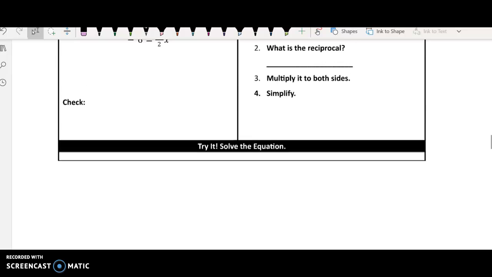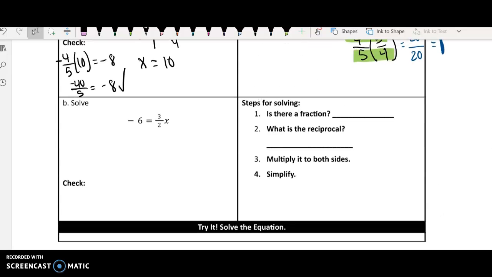All right, I'm actually just going to have you do this one on your own, and then you'll hit play and check your answer with mine. So is there a fraction? Yup. What is the reciprocal? Well, we have 3 halves. Now we're going to turn that into 2/3. So when I multiply straight across, these end up canceling. So the 3's cancel and the 2's cancel.